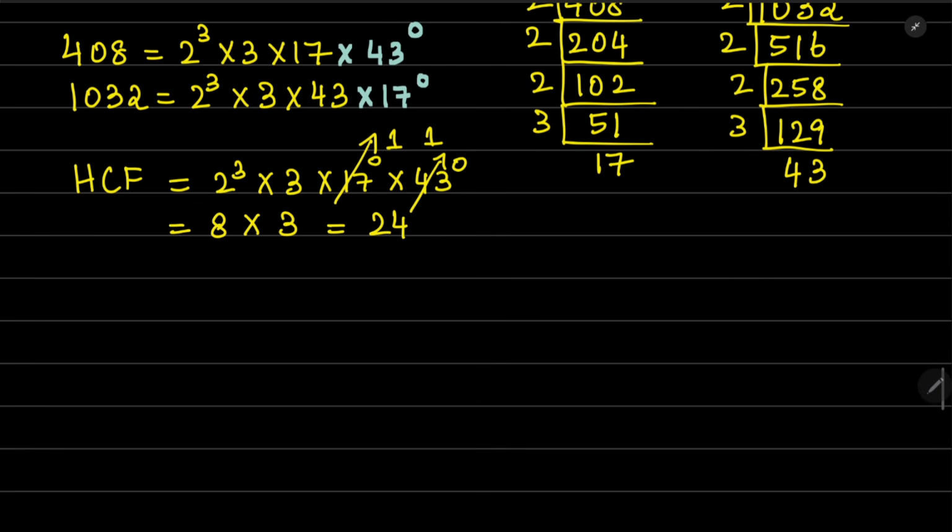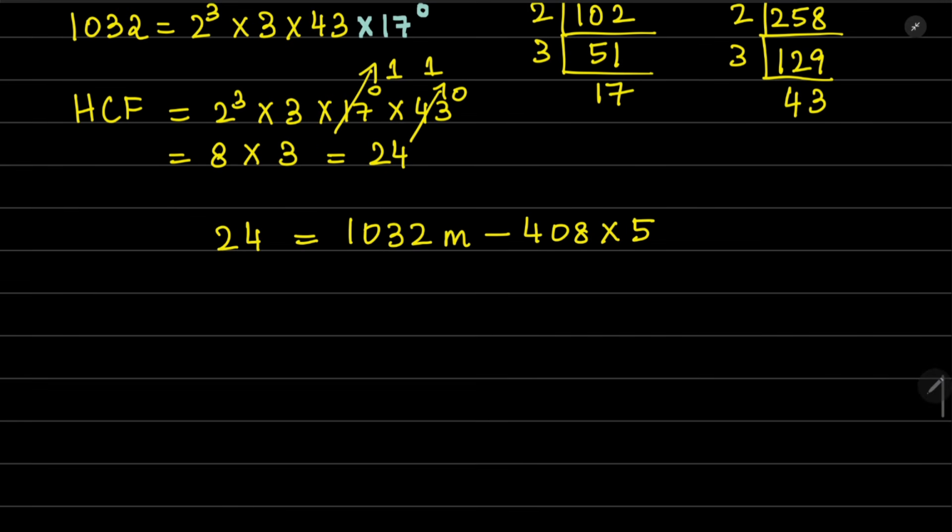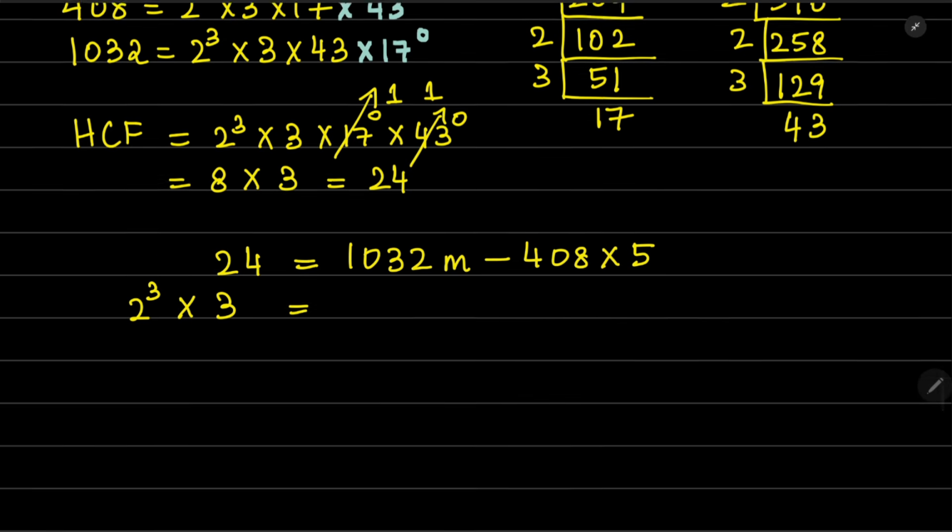So 24 is equal to, what is the given expression? 1032m minus 408 multiplied by 5. Now 24 I'm going to write in terms of the prime factors itself. It's 2 cube multiplied by 3, equal to 1032.